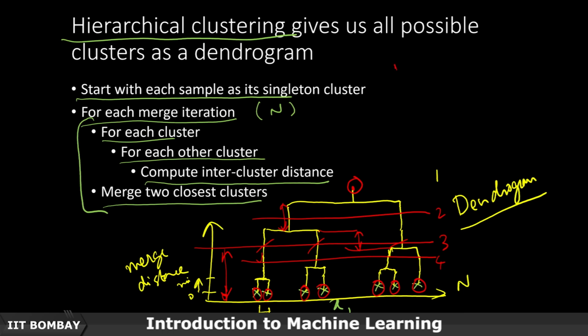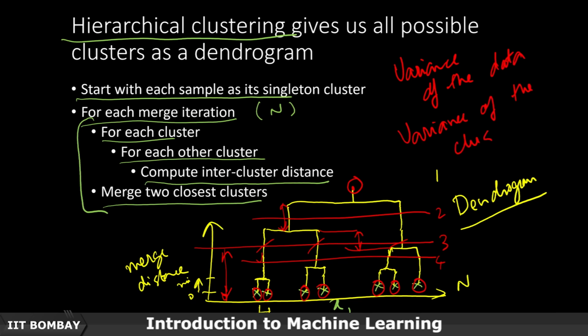So variance of the entire data, and variance of the cluster. These are two different metrics to keep in mind. We will look at their interplay in deciding the number of clusters.